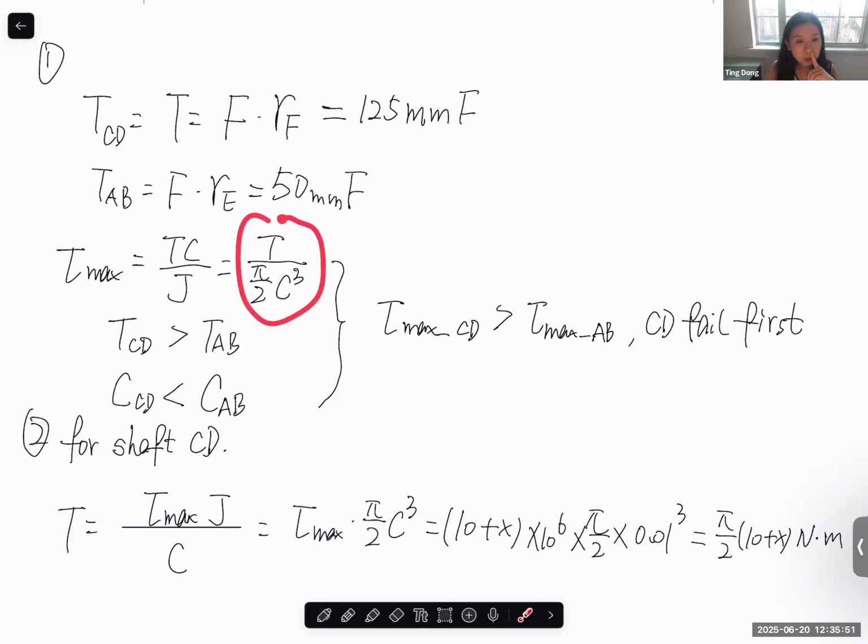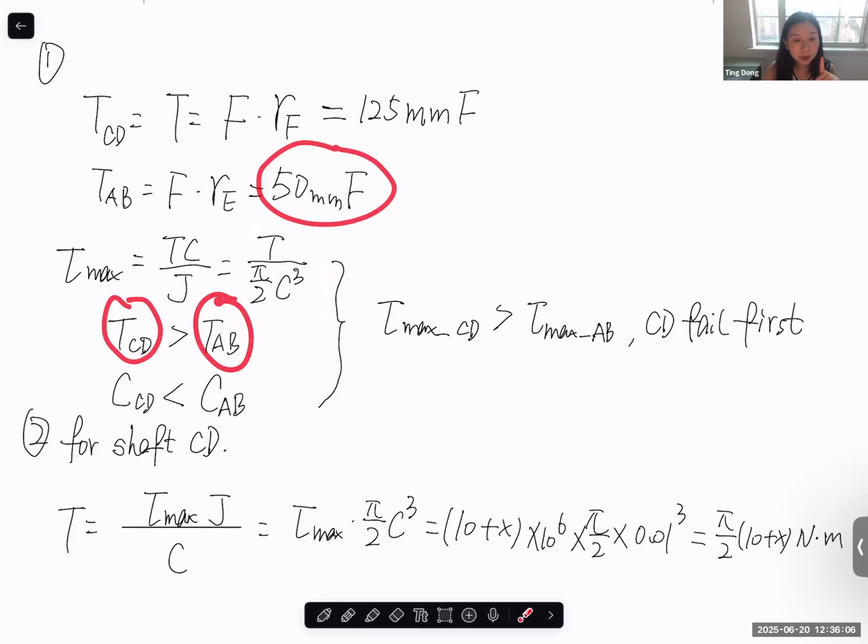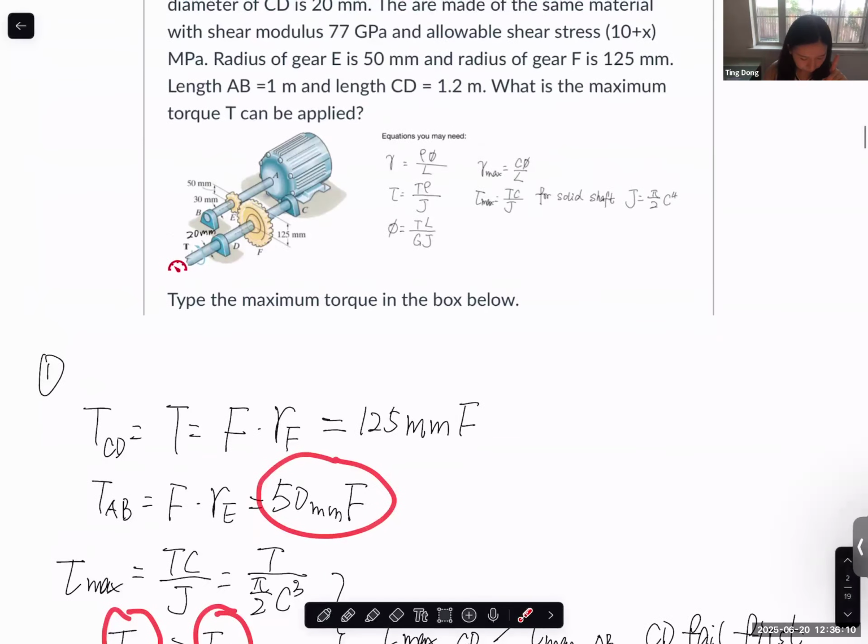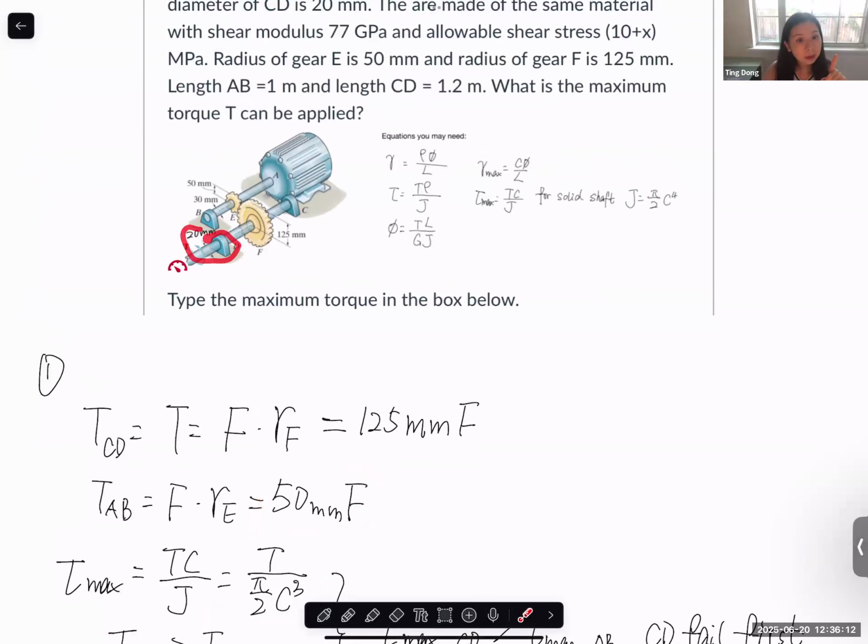And for the torque, we know that torque in CD equals 125 F and torque in AB is 50 F. So we definitely know that the torque in the CD section is greater than in the AB section. And for the radius, radius of CD equals 10 millimeter, and radius of AB.